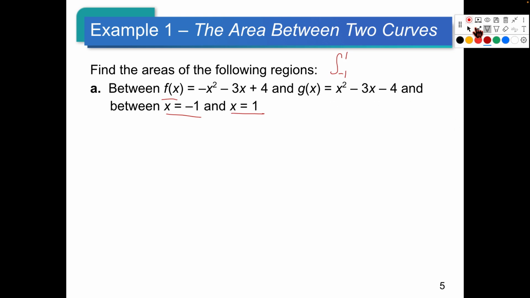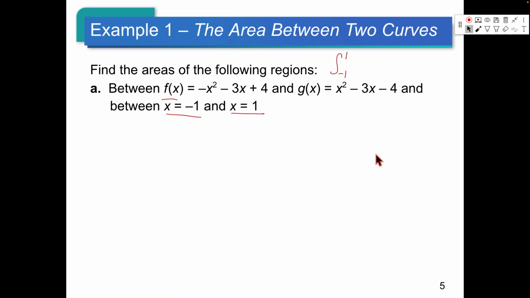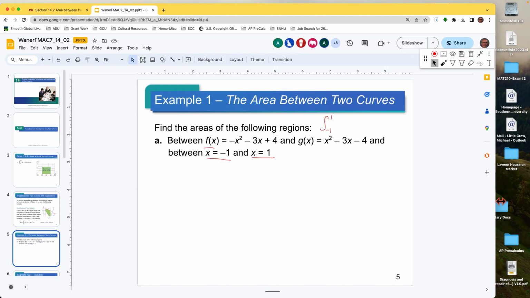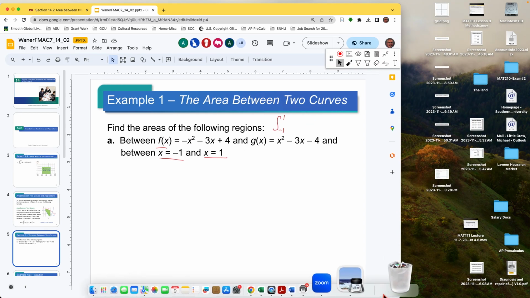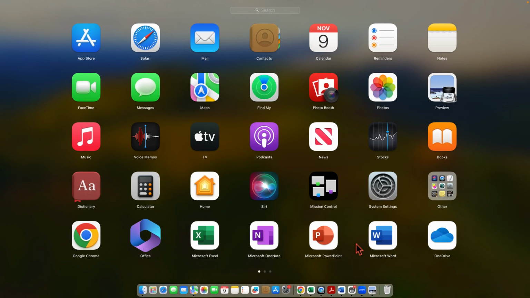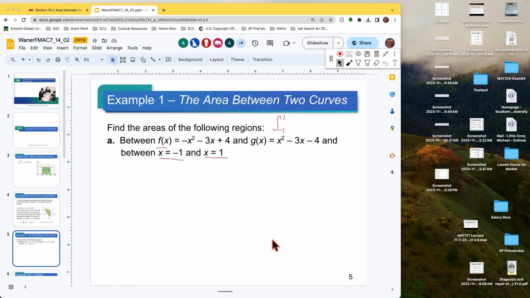Let's see. I want to get out of the presentation, keep these things, and maybe make it a little smaller. And I want to get into my graphing calculator, which hopefully will just open up for us.